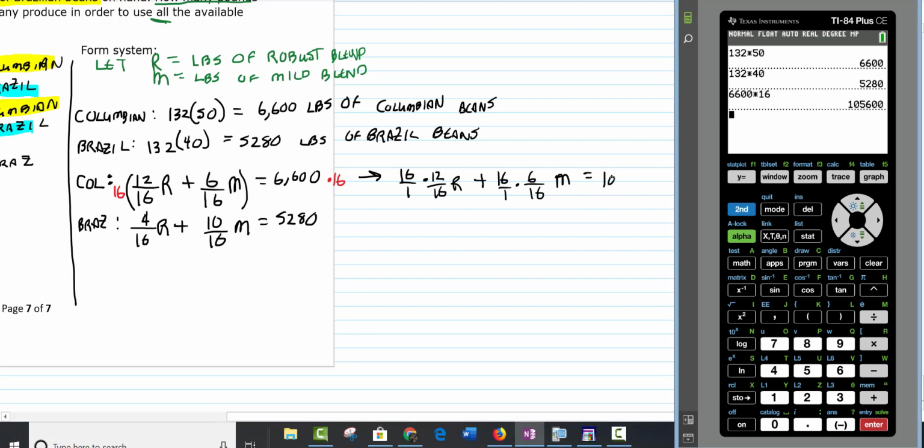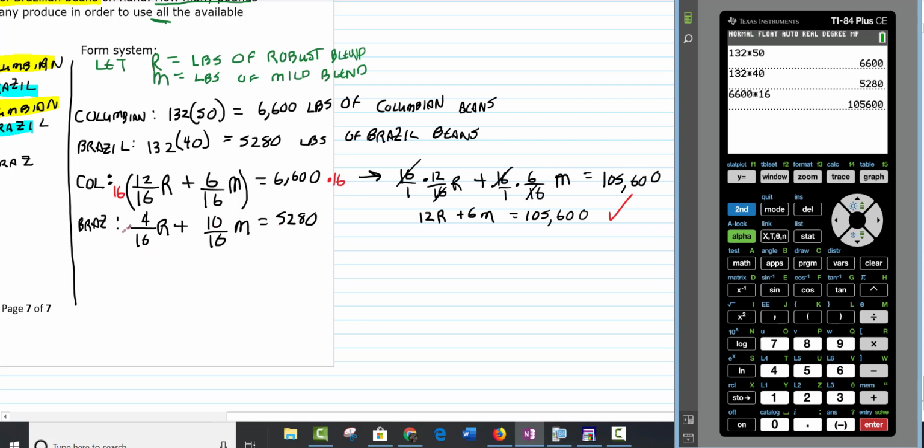So that gives this number, 105,600. Now that crosses out, so you end up with this system, 12r plus 6m equals 105,600. So that is our first equation without fractions.